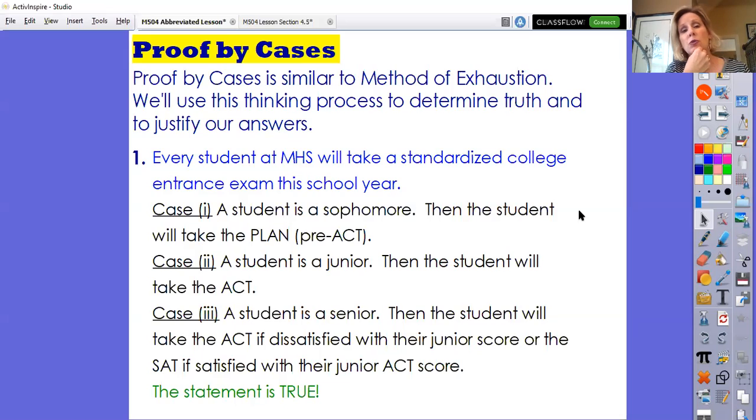Now, once the students are seniors, they either retake the ACT if they weren't real happy with their junior score, or if they are really happy with their junior score, Maryville High School asks them to take the SAT. So in every case, the student will take a high-level standardized college entrance exam. So overall, the statement's true.